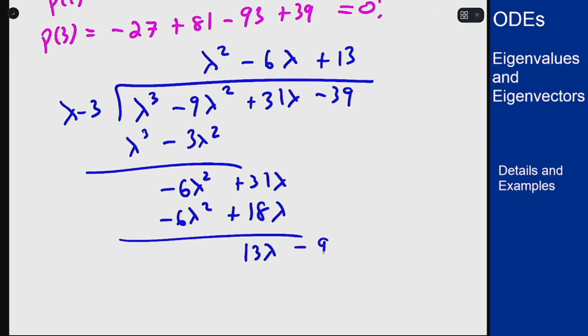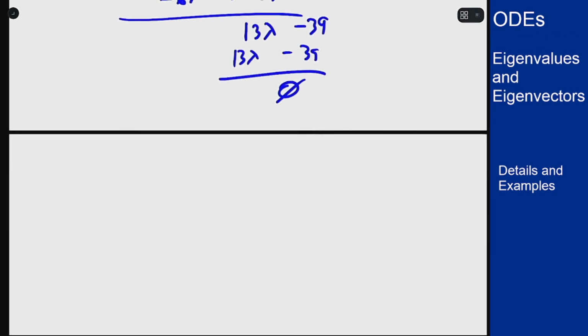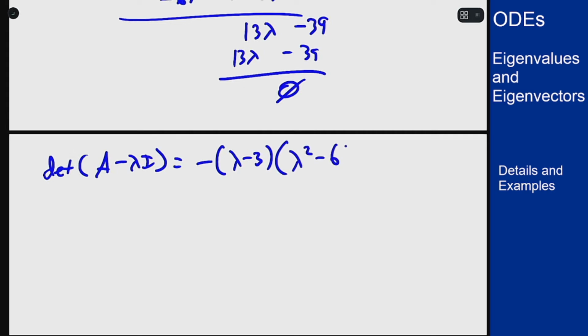And as expected, 13 lambda minus 39, this has 0 remainder, which it should because it's a factor. And so we get that this is the rest of our equation. So we learned then that determinant of A minus lambda I equals negative lambda minus 3 times lambda squared minus 6 lambda plus 13. So we get an eigenvalue here at lambda equals 3, and this doesn't factor.